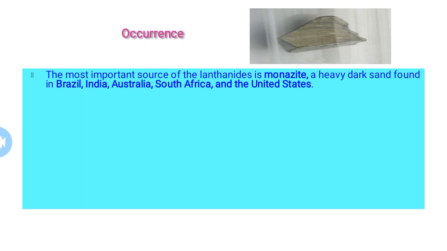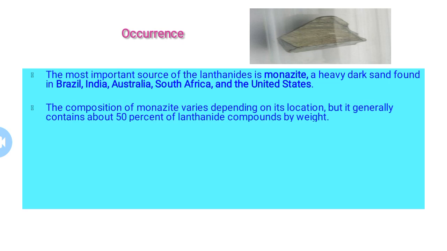The composition of monazite varies depending on location, but it generally contains about 50% lanthanide compounds by weight.